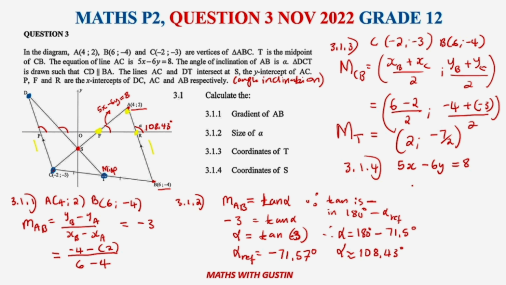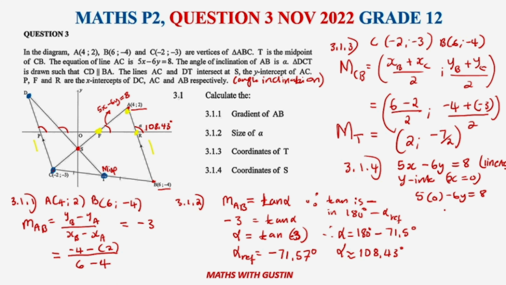So what you can do, when do you get the y-intercept of the line AC? Let me just put here, this is line AC. You get the y-intercept, you will remember this from our functions, guys, when x is equal to 0. So we're going to substitute 0 into our equation. Minus 6y is equal to 8, and this 5 times 0 will be 0.